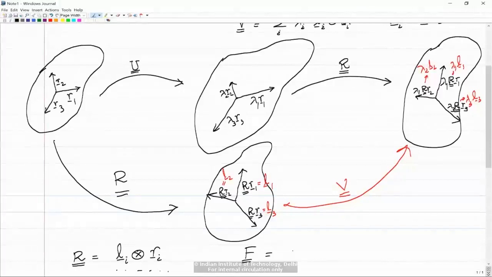So this big F you could also write as lambda i li tensor product little ri, and here you have to write that summation explicitly. So that's the tensor form for big F.